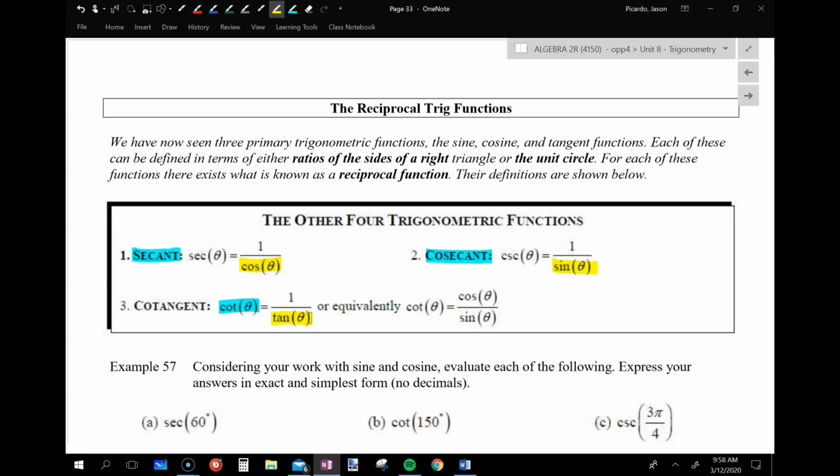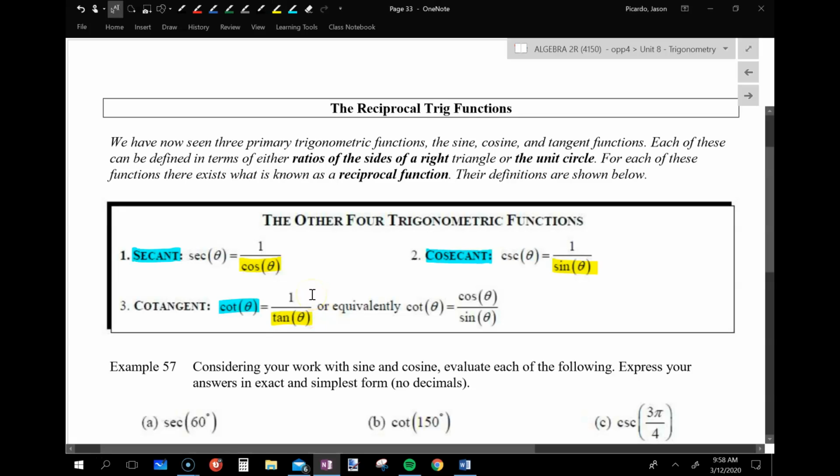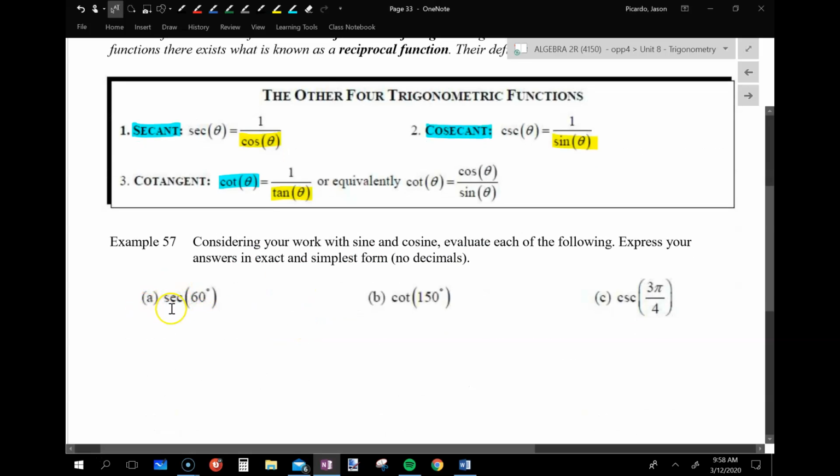So Jaylani is shaking her head like, you got to be kidding me. We got to do 3 more of these things? Absolutely not. Because I told you guys a second ago that I wasn't going to show you what? Anything new. And I'm not. Secant goes with which function? The first one, cosine, right?